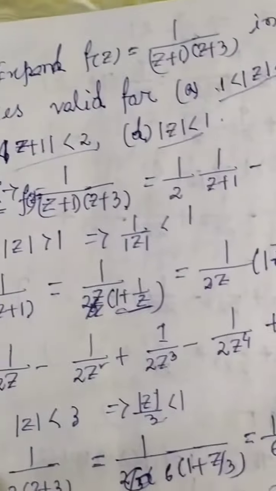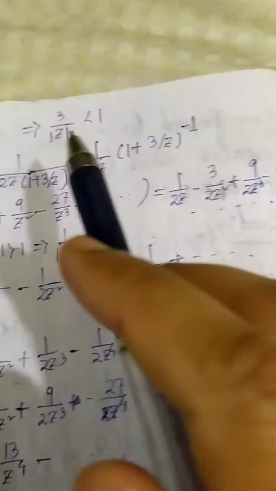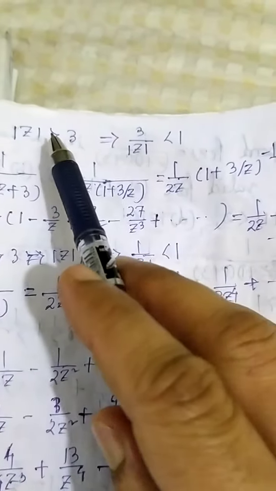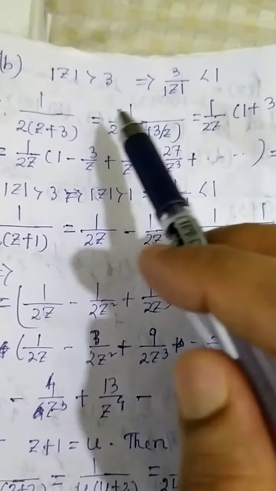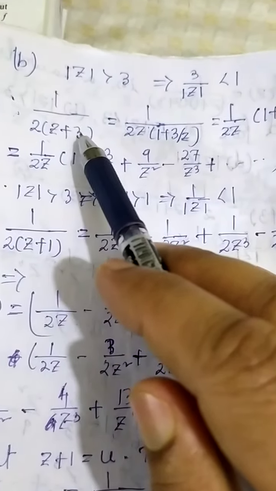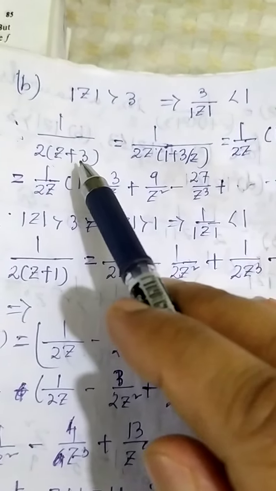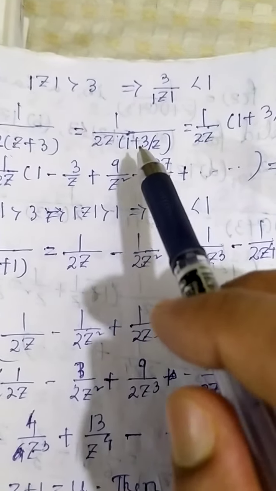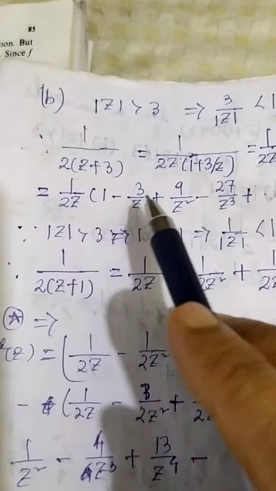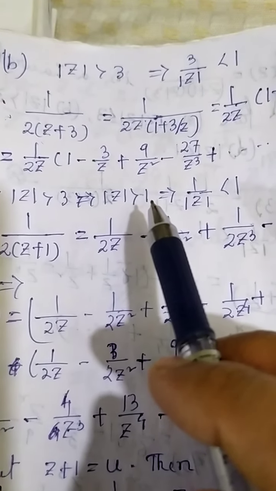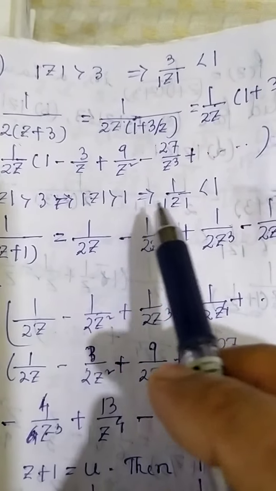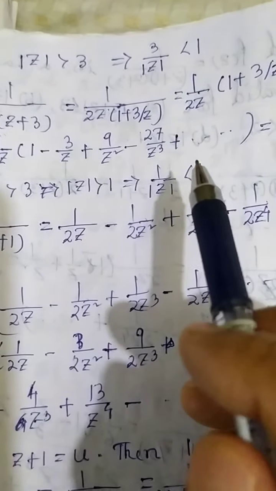Same example, it is given that mod of z is greater than 1, so we are interested in less than 1, so 3 by mod of z. Here you just consider taking z common, we can have this part. Again, mod of z is greater than 3 means mod of z is greater than 1, so therefore 1 by mod of z is less than 1.